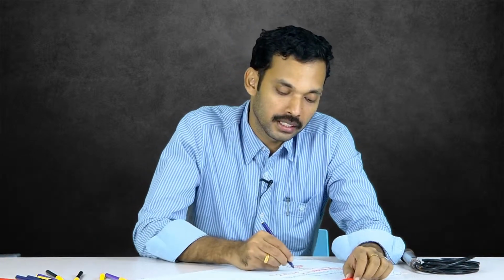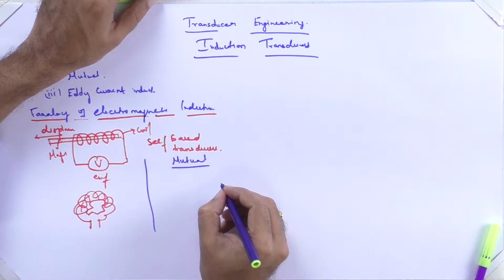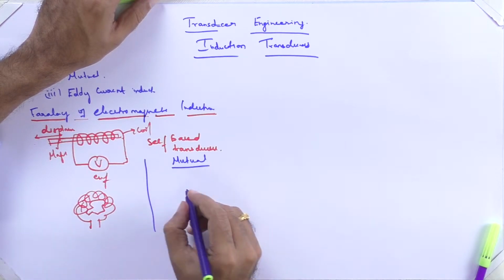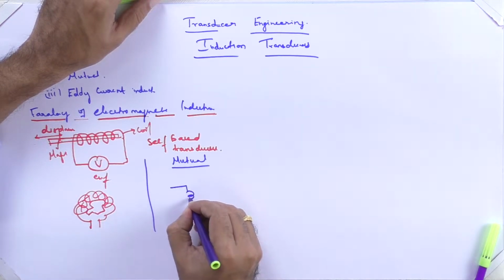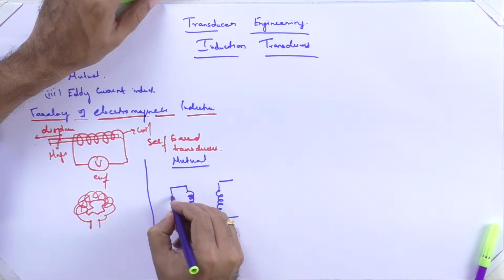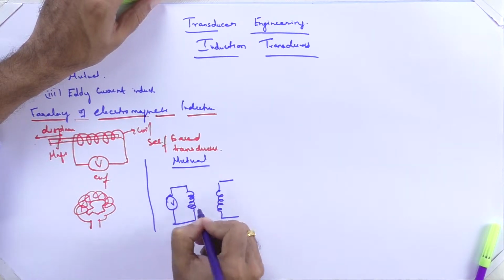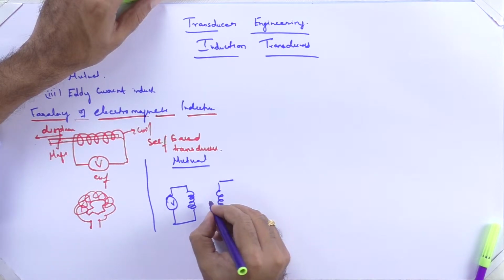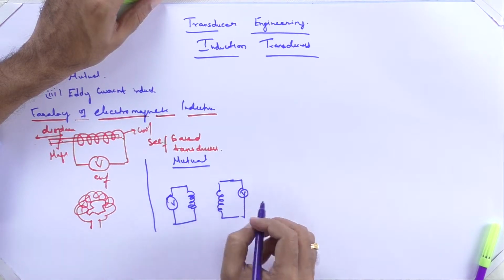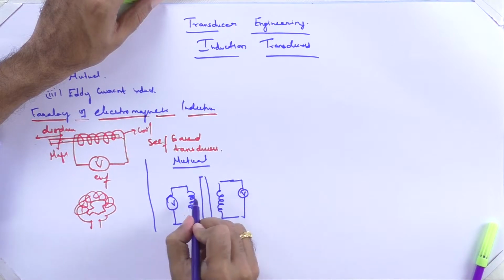This is the most important type, the mutual inductance, where we will be seeing the most important transducer in our classification. When you talk about mutual inductance, there should be two coils. When a current carrying conductor is placed near the coil, an EMF is generated in the neighboring coil too.